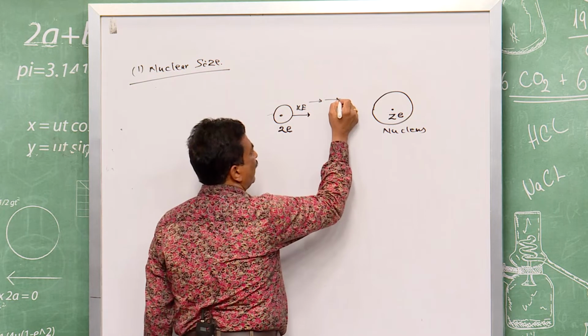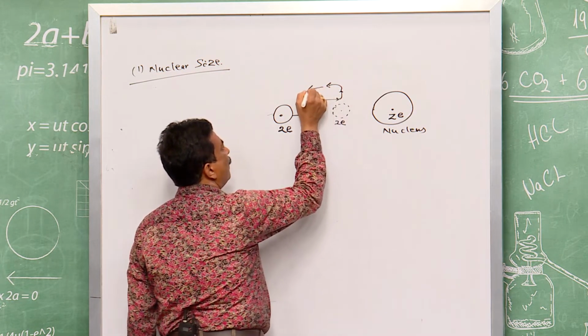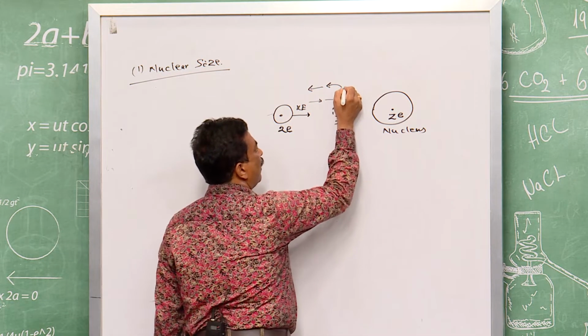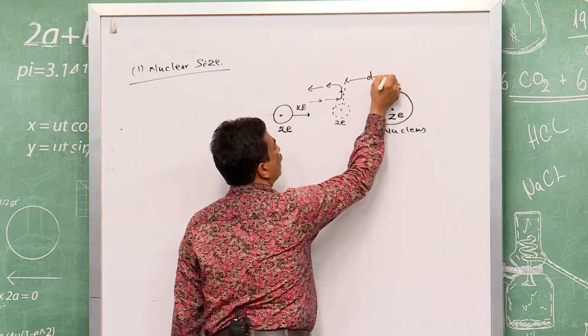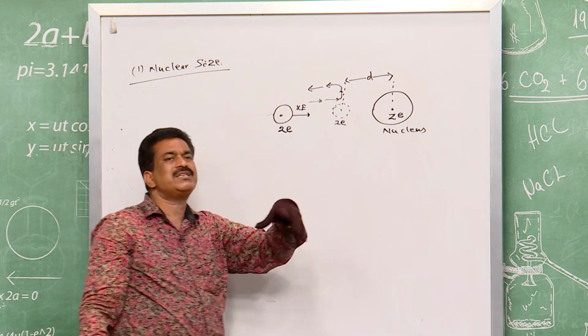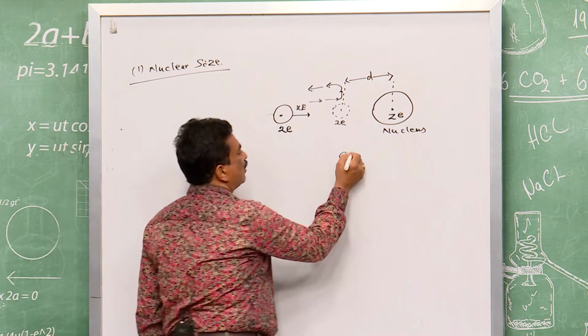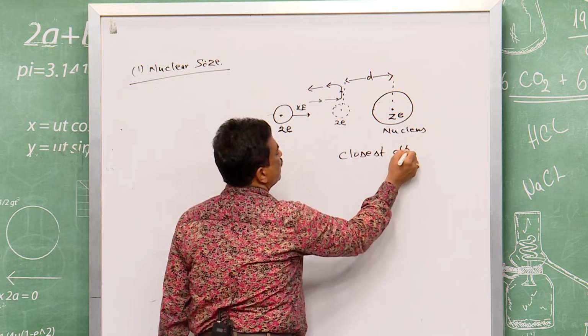So at that case it reverses. At that position, if the distance between them is taken by some symbol, say d, this d is the closest approach distance.